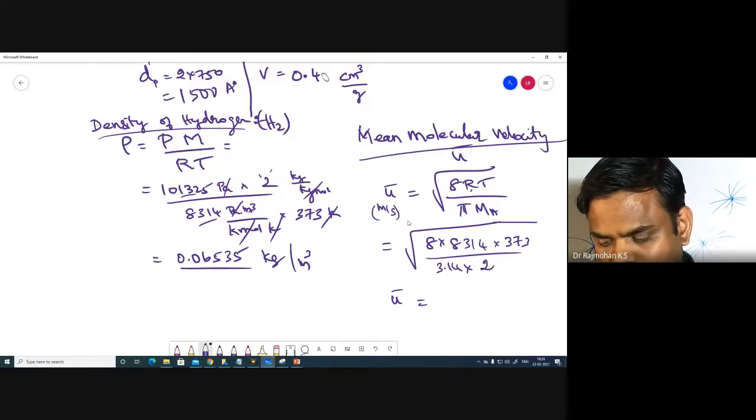Eight into 8314 into 373 divided by 3.14 divided by 2 is equal to this much. Okay, square root of the answer.